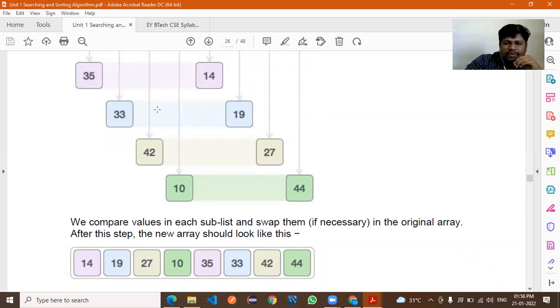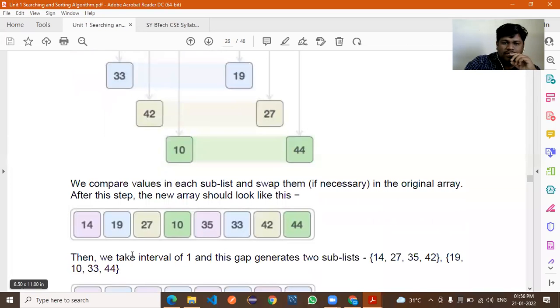After that, compare the next two values, 33 and 19. Who is the smallest here, 19 or 33? 19, right? Now 19 is swapped with 33.